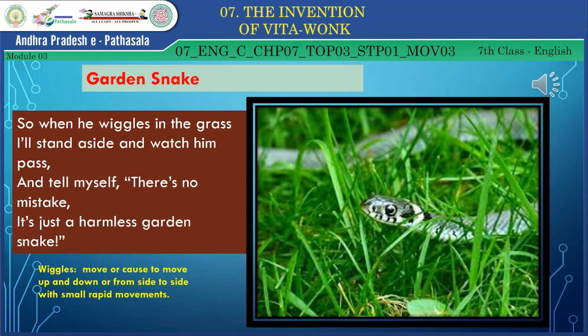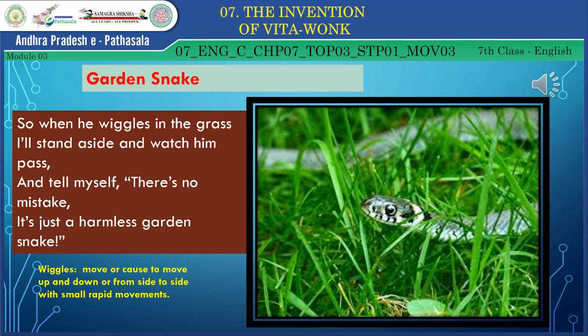So, when he wiggles in the grass, I will stand aside and watch him pass and tell myself there is no mistake, it's just a harmless garden snake. She advised him that it is a harmless creature and there is no need to tremble with fear or run away.